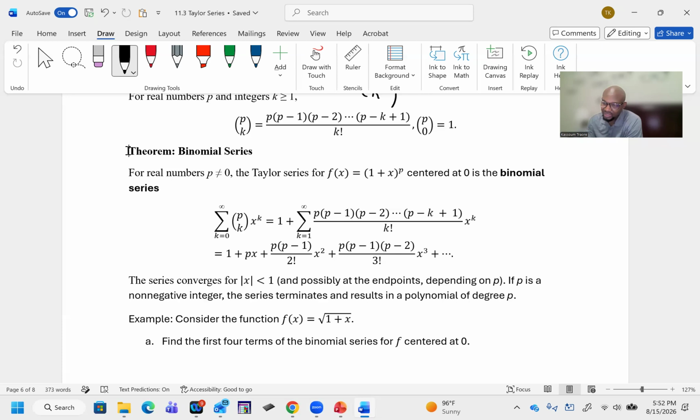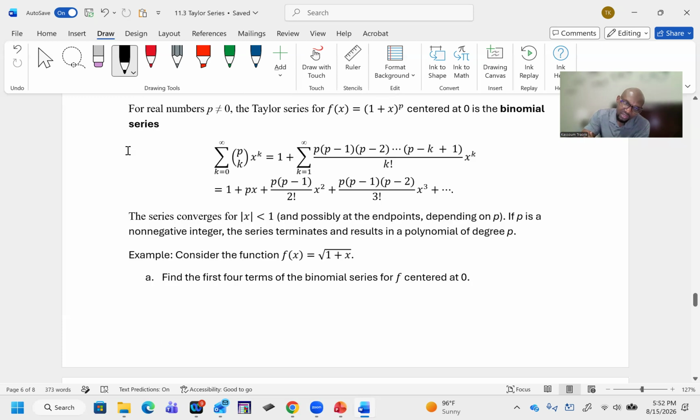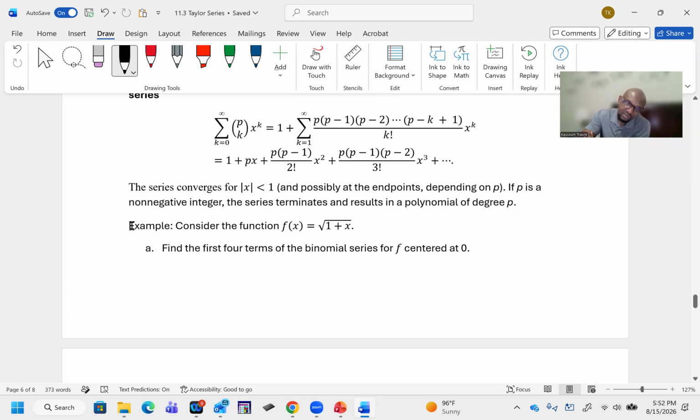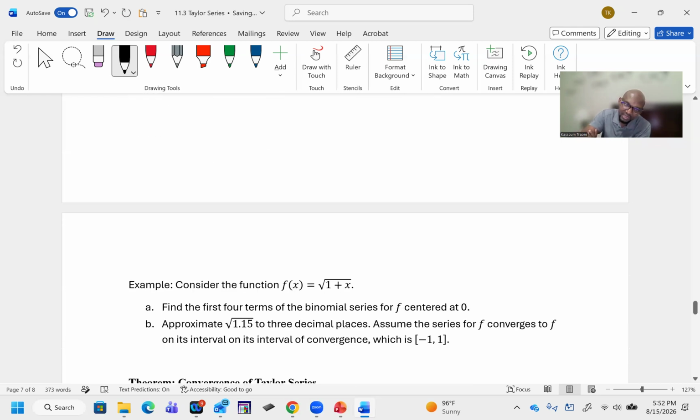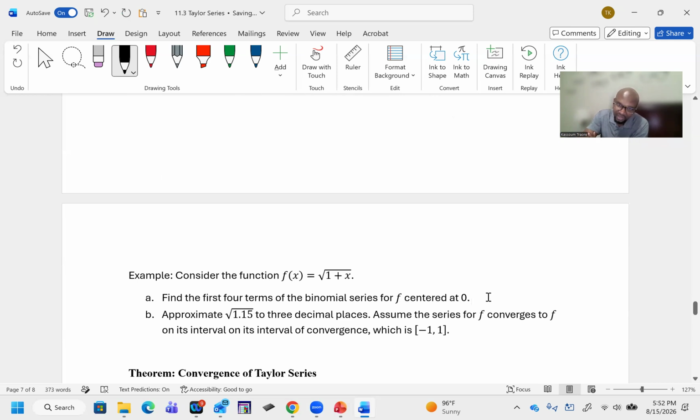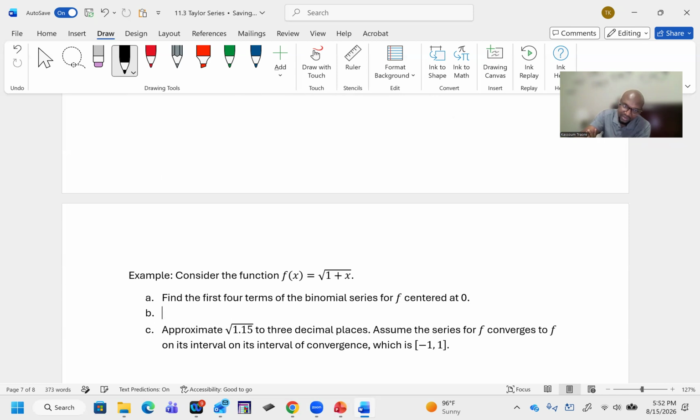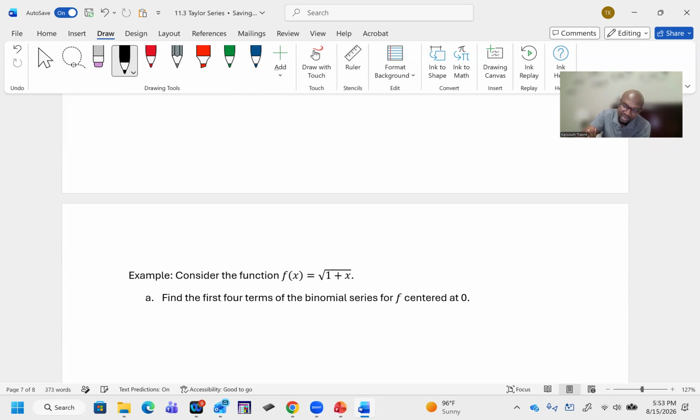So let's go and do the first example of this. Consider the function f of x is equal to square root of 1 plus x. A, find the first four terms of the binomial series for f centered at 0. So that's my first question.